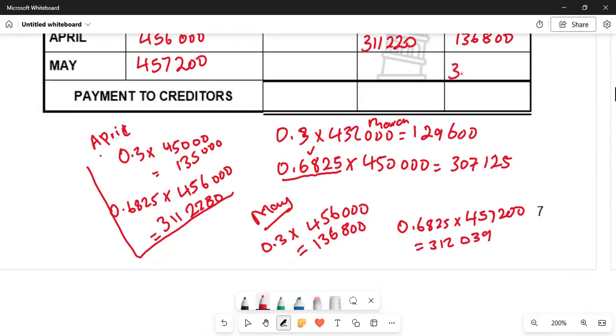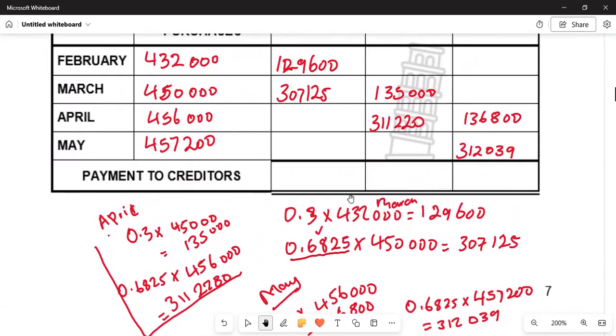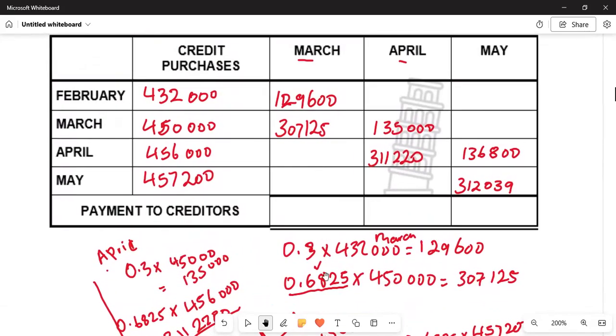That is 312,039. So that is that. Then we are to give the totals now. So we are going to add, starting with March. The payment to creditors for March is going to be 436,725.